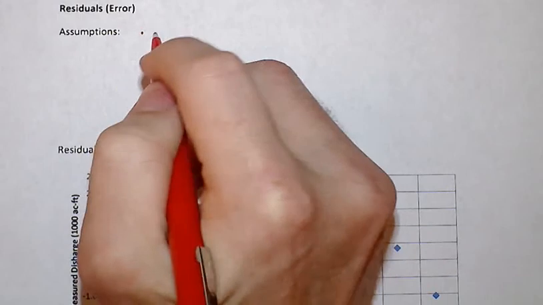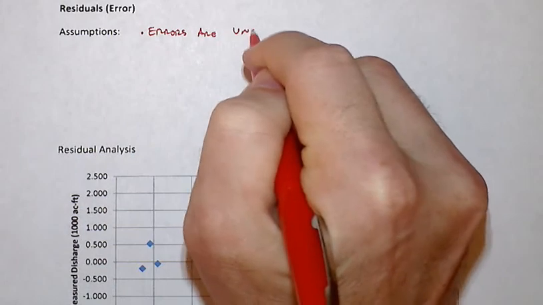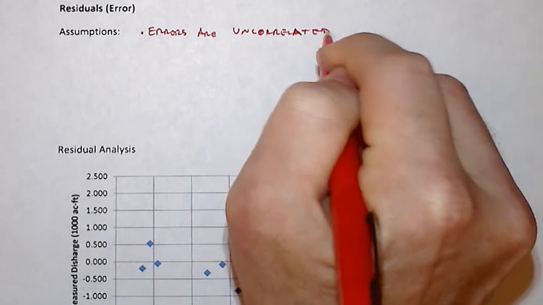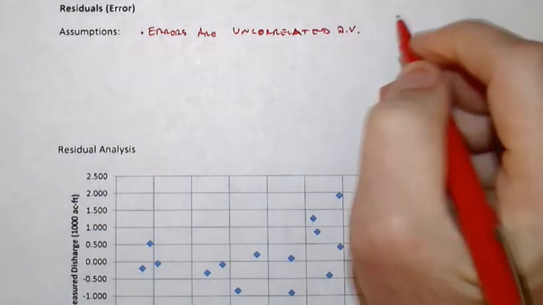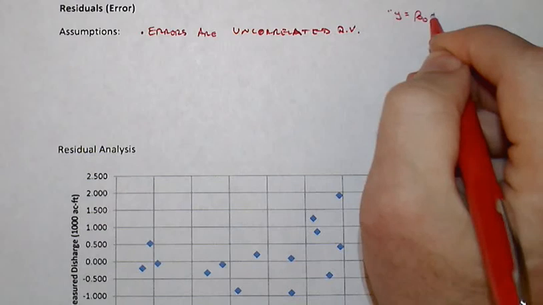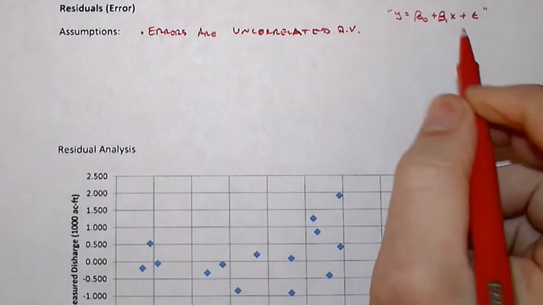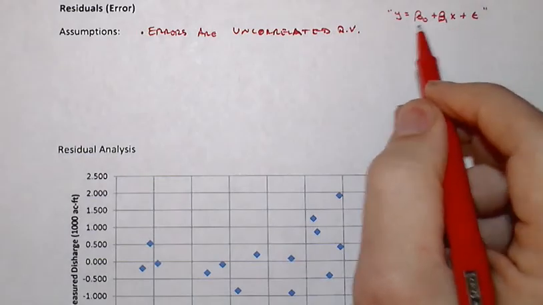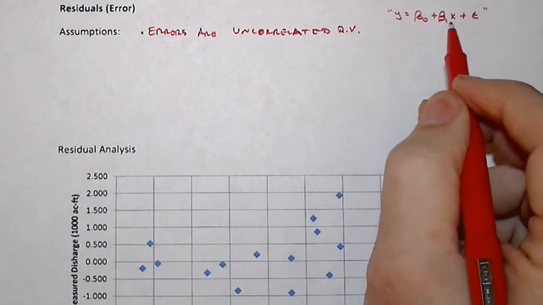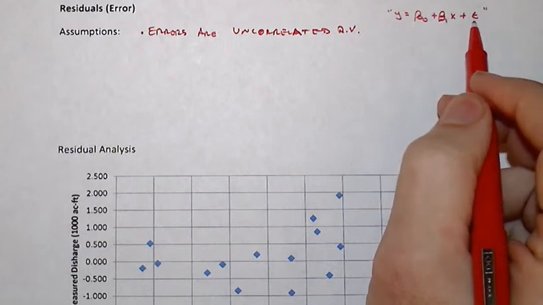That is, these errors are uncorrelated random variables. Remember that our big picture model was that y was equal to beta naught plus beta 1 x plus an error. Right? And so we had two unknown parameters and two random variables. X is our explanatory variable, but it's a random variable, and then our error term is also a random variable.